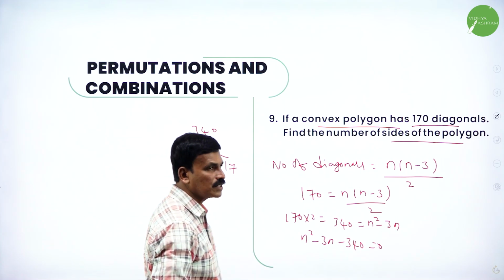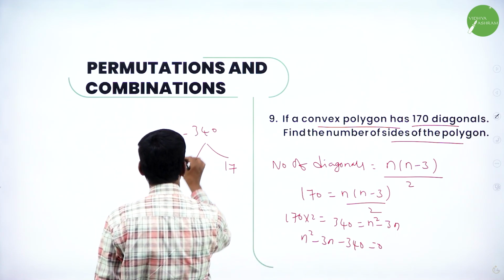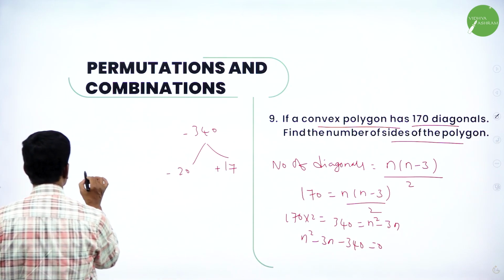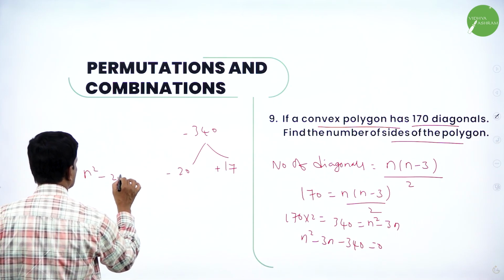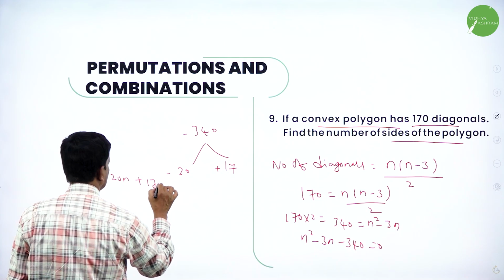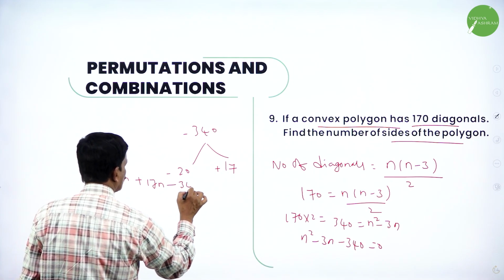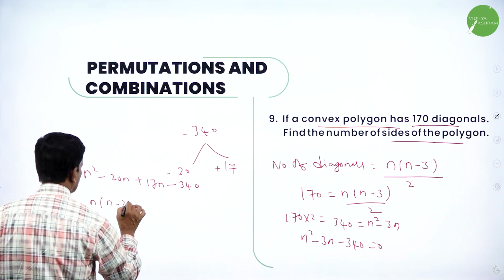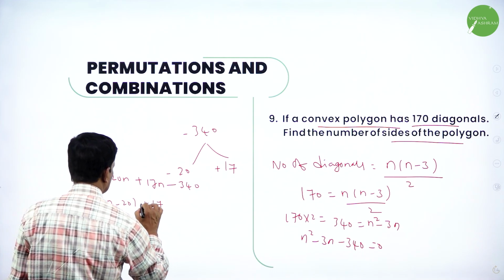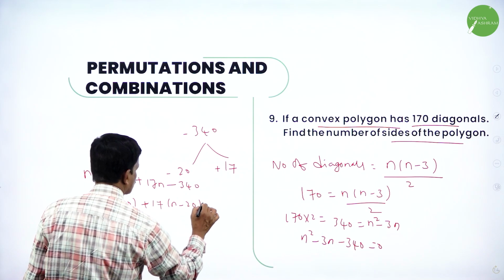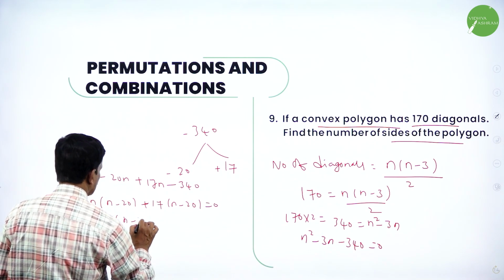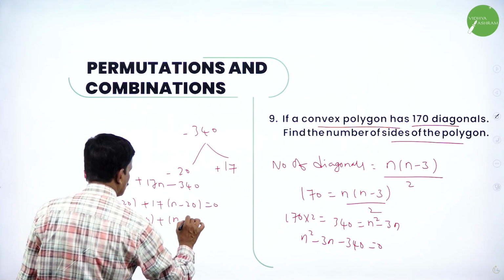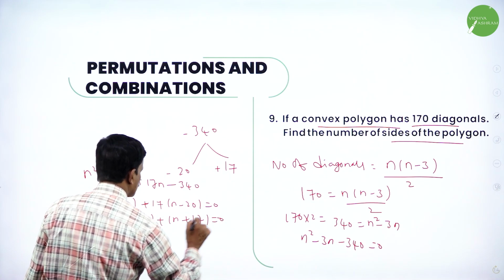This is a negative, minus 20 into positive 17. So this can be written as n square minus 20n plus 17n minus 340 is equal to 0. Take common factors: n minus 20 is a common factor, into n plus 17 is equal to 0.